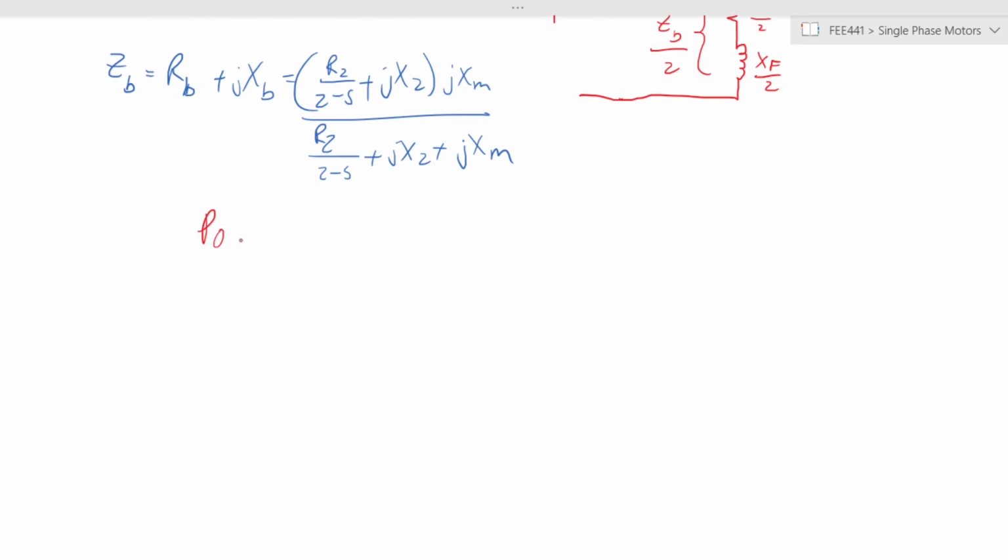And if we look at the power flows, these will be similar to what we had already encountered. So you have the same power flow diagram with air gap power and converted power and so on. But in this case, each of the power flows has a forward and a backward component. For example, air gap power in the forward direction will be given by I1 squared times 0.5 RF, which we have just looked at here.